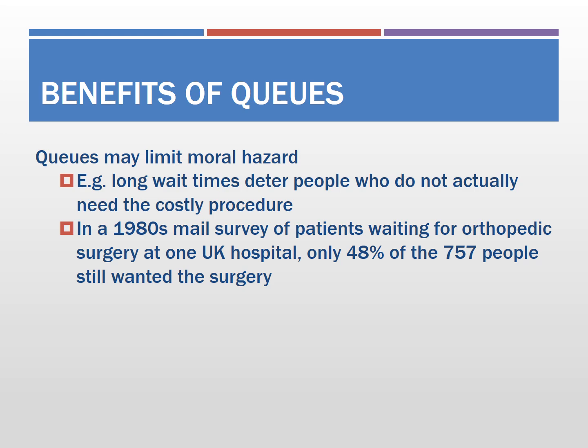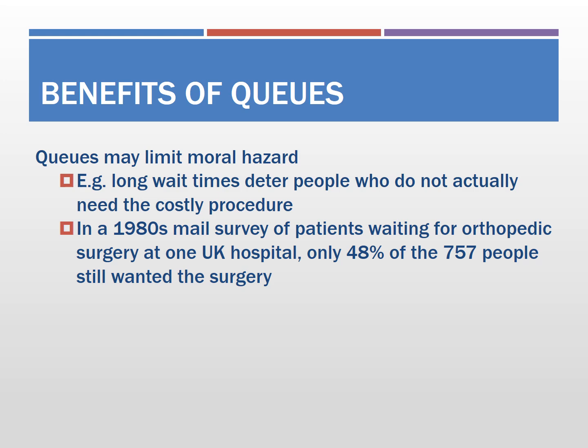Since the service itself is free, the long waiting time becomes a cost for people to decide whether they would like to get the service. People who need to wait several months or even years might hesitate to get those procedures done if they don't really need them. So it serves as a means of limiting the moral hazard in the healthcare markets.